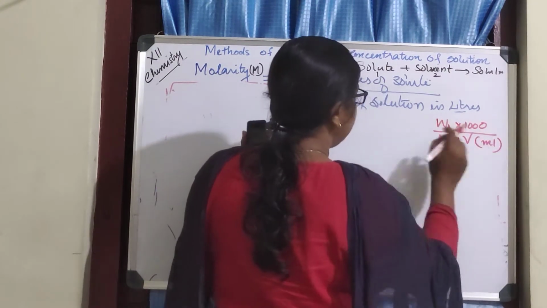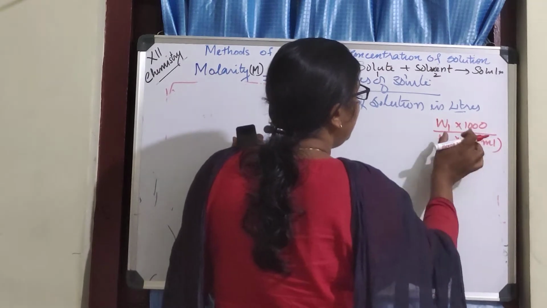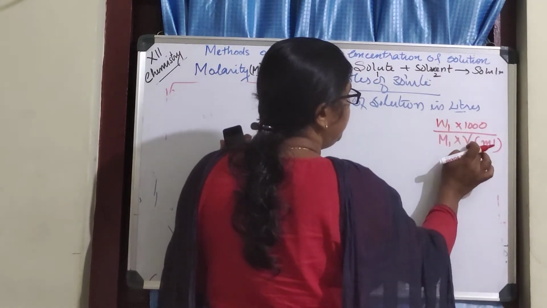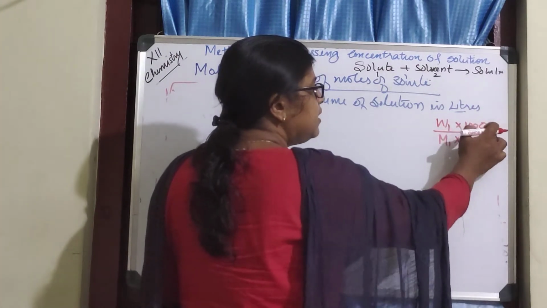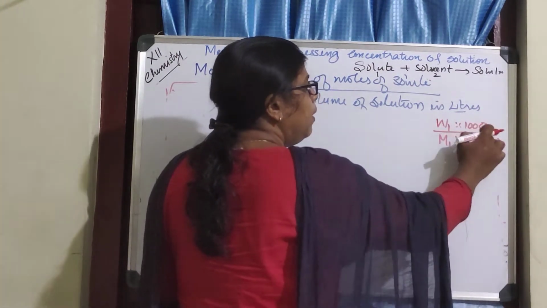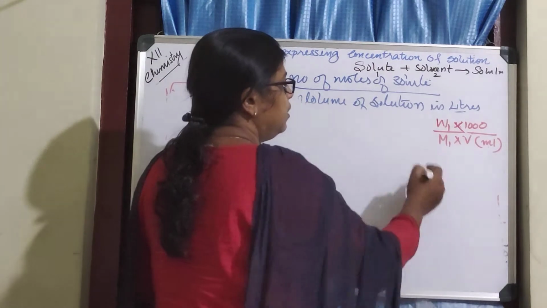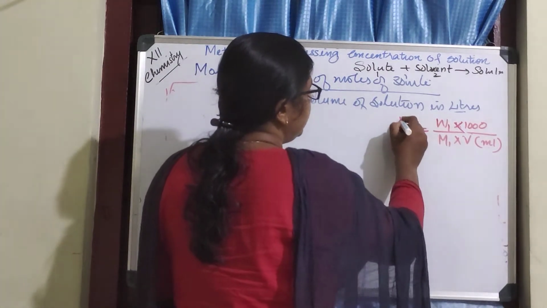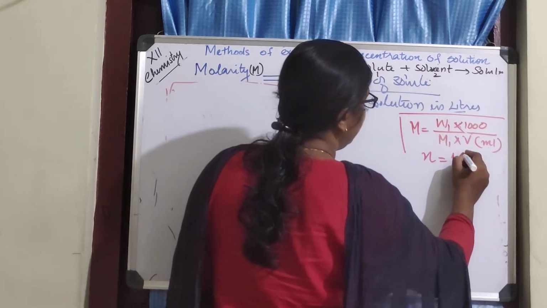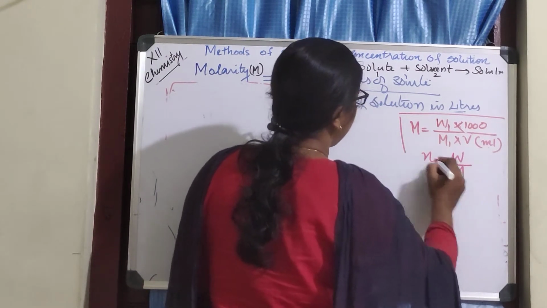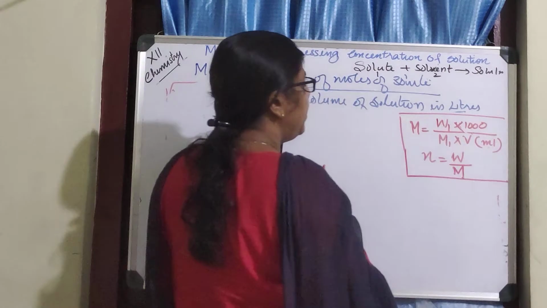If volume is expressed in ml, W1 into 1000 by M1 into V. Otherwise there is no need. If the volume is in liters, it is not necessary to multiply with 1000. That is molarity, that is M. And we know that N is equal to given mass by molar mass.